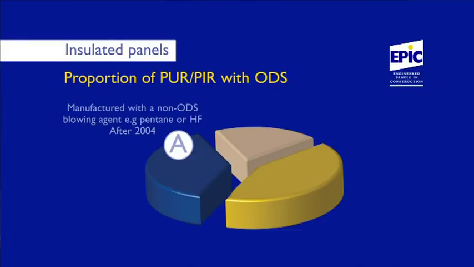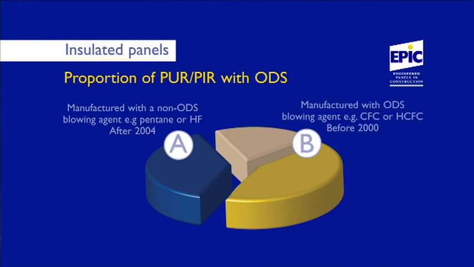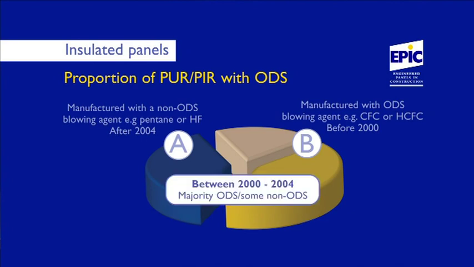What we're looking for really in panels is the age. If the panel is after 2004, then it's a non-ODS panel. If it's before 2000, it's a 99% certainty it will have an ODS blowing agent. There's a grey area between 2000 and 2004, and that's the one that we've got to address.